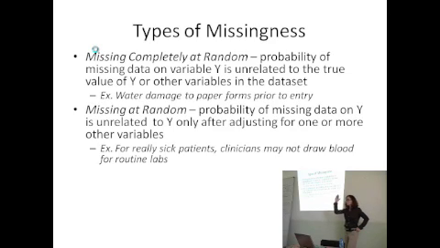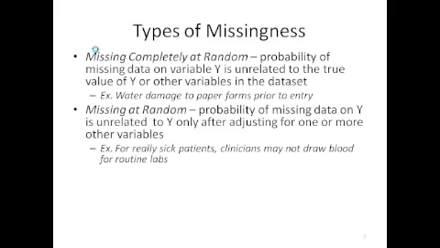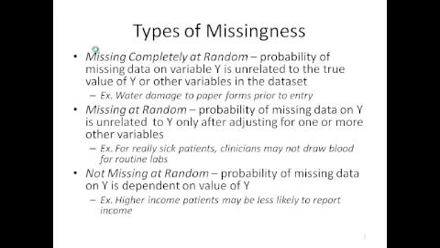All those data will be missing. So that's a situation where the missing is at random. Some clinicians may decide, some clinicians may not decide to draw the blood on sick patients. So this one becomes a little more tricky to work with when you're doing the analysis.